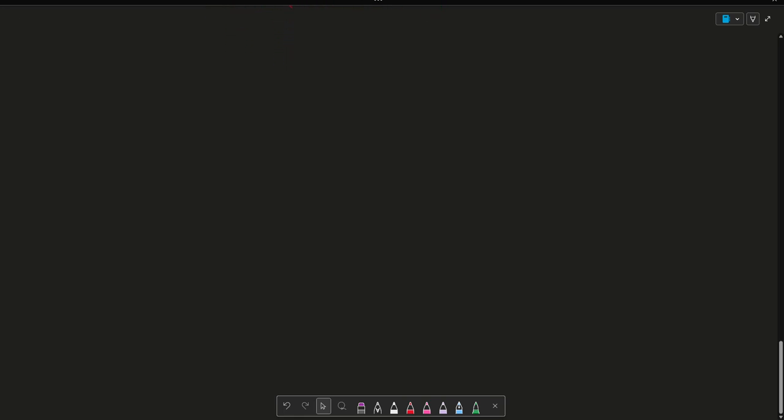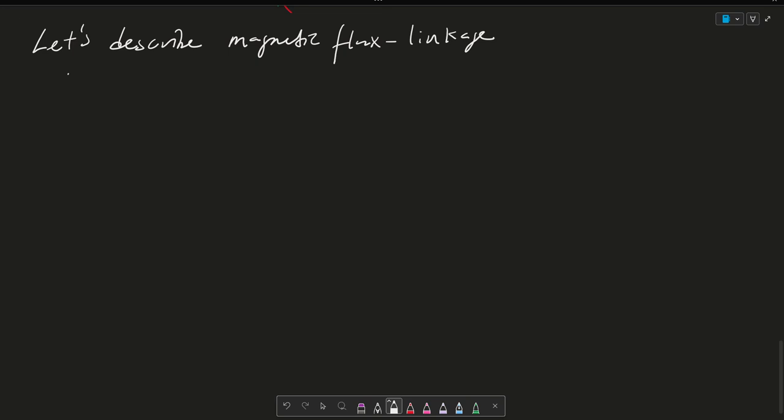So I'll come down here and I'll say, let's describe magnetic flux linkage in terms of voltage and current. And we need to do that. We need to listen to Faraday's law.